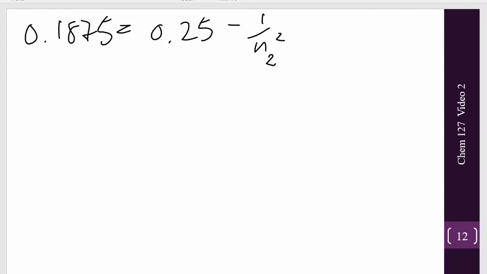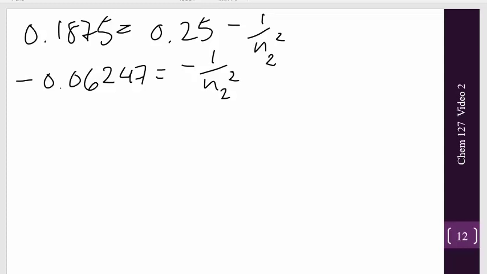And then subtract 0.25 from each side. This gives us a negative 0.06, which is equal to a negative 1 over the quantum number squared. So because each side has a minus sign, we can discount those and just work with positive values.